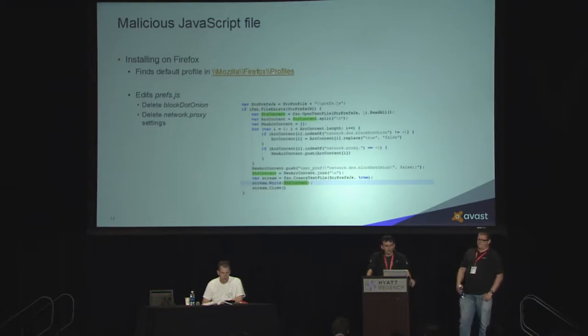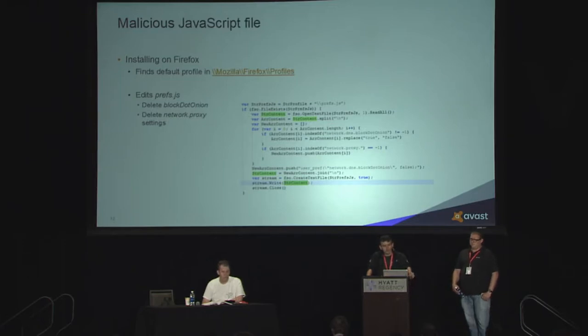In the case of Firefox, the configuration is stored in the prefs.js file, which is saved on the disk in the profiles directory in the Mozilla directory somewhere in the user's profile. It needs to change some configuration because Firefox can have its own default network proxy settings.